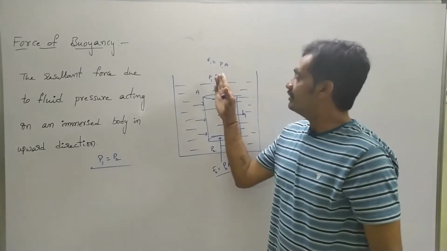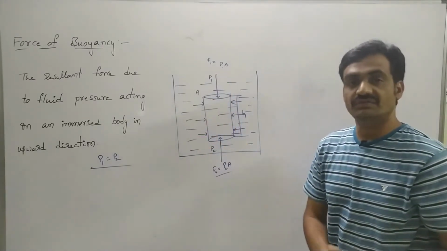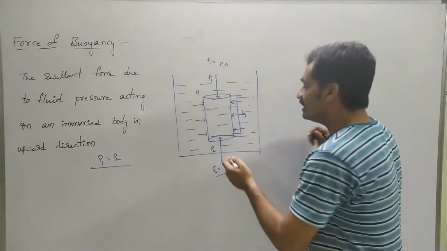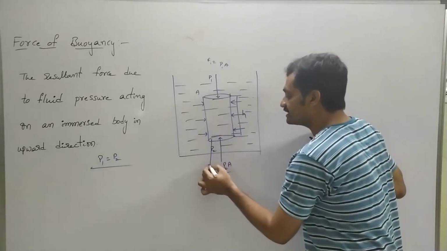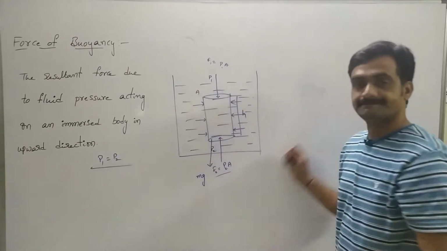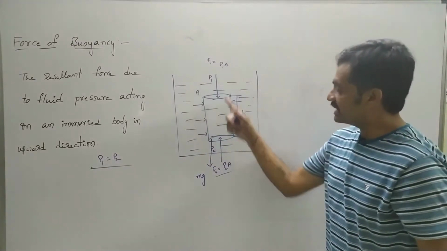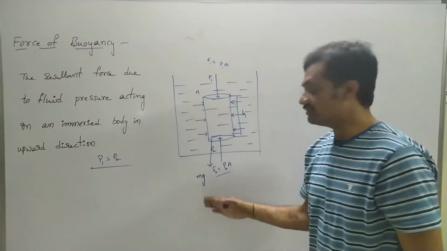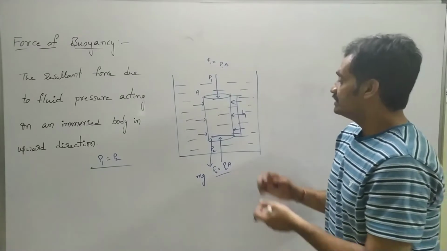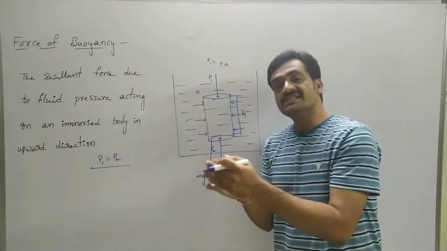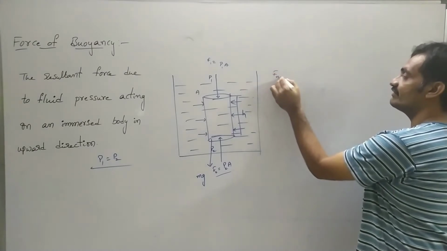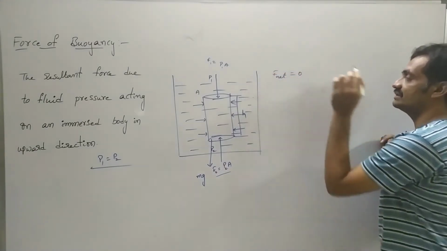If the body is at rest, if the body is not moving, then we can represent the pressure difference, where we know that the weight acts in the downward direction and it is represented as mg. Observe that this force as well as weight is acting in the downward direction, and the force F2 is acting in the upward direction. Since the body is at rest, the resultant force acting in this case is F net equals 0.